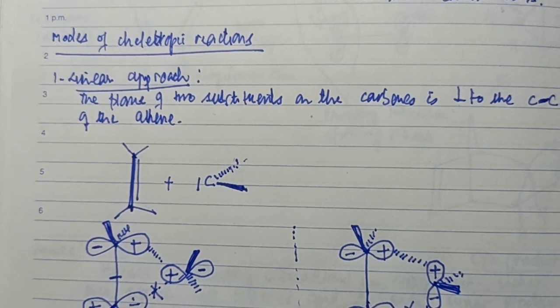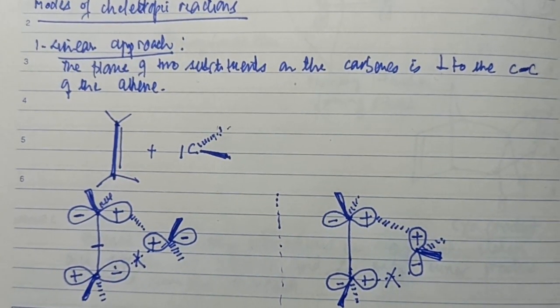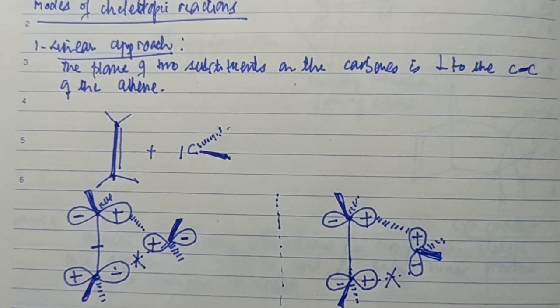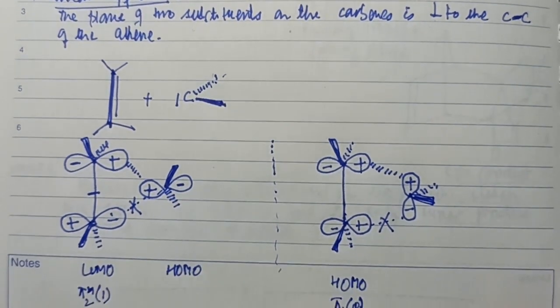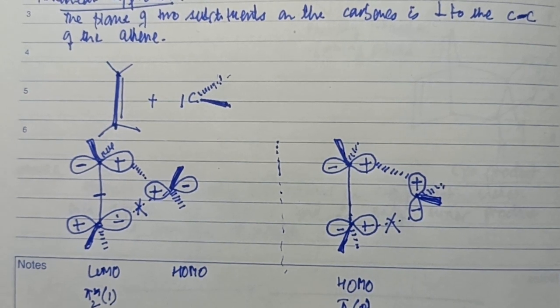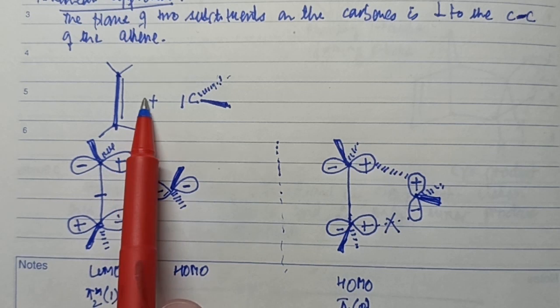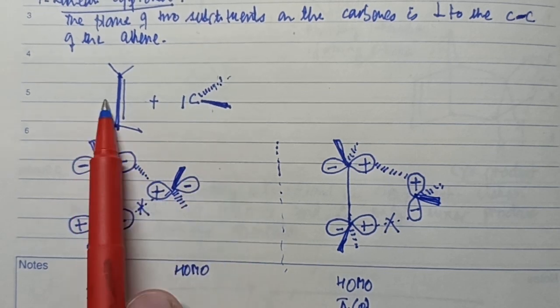Now, how do you draw this linear approach in terms of the orbitals? One thing we have to follow from Cartesian coordinate geometry is how we draw the HOMOs and LUMOs in the case of carbenes in a linear approach. Now, this we have to remember. Let's say I'm talking about this example only, in which I've shown the approach of the carbene molecule onto ethene.